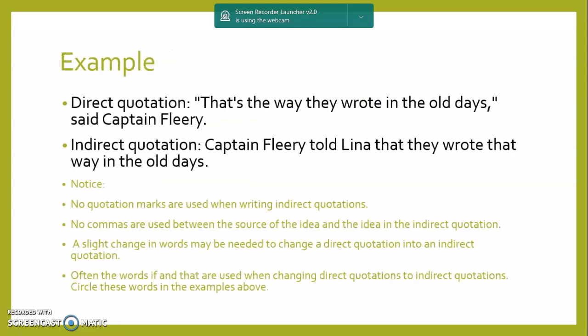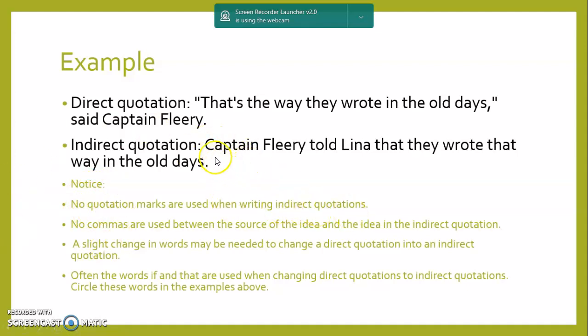Okay, so this is the example of direct quotation. You see the quotation marks here, and indirect quotation, on the other hand, doesn't have those quotation marks. You can read the notice here that no quotation marks are used when writing indirect quotation.